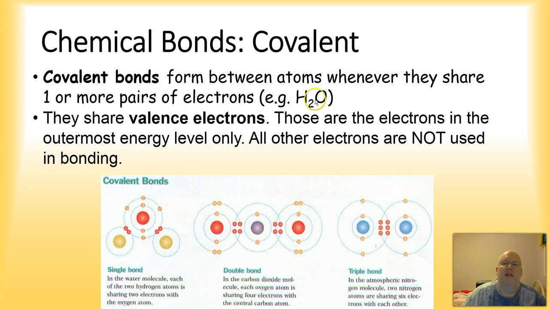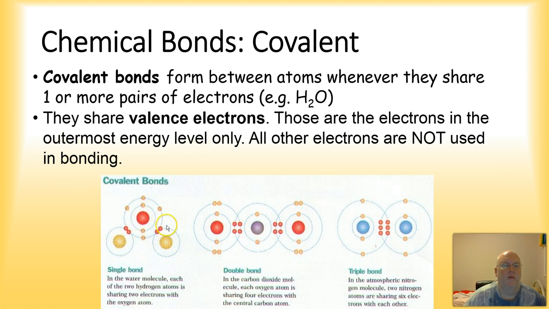So in the compound H2O, the 2 hydrogens and 1 oxygen are sharing electrons in order to be chemically combined. Valence electrons are just the outer level electrons. Remember how we explored the first 3 levels? However many electrons are in the outer level are the valence electrons, and bonding only involves them. All other electrons are not used.